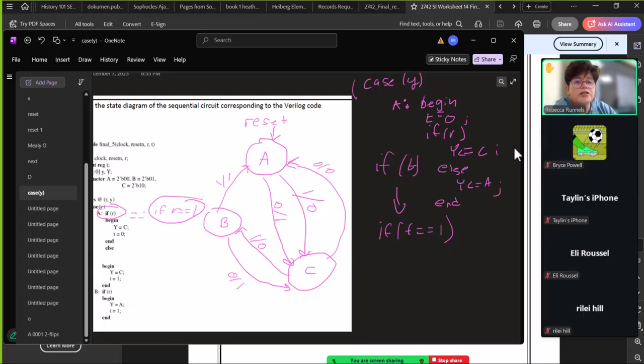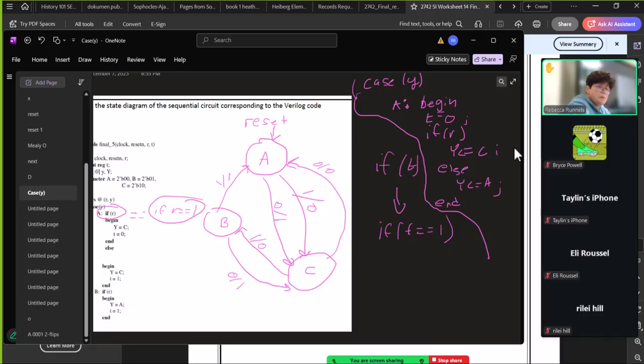Notice that in my case statement, my T is outside of the if. I have an if, but my output is not inside of the if. If my output is inside the if, then it's Mealy. If it's outside the if, then it's Moore.